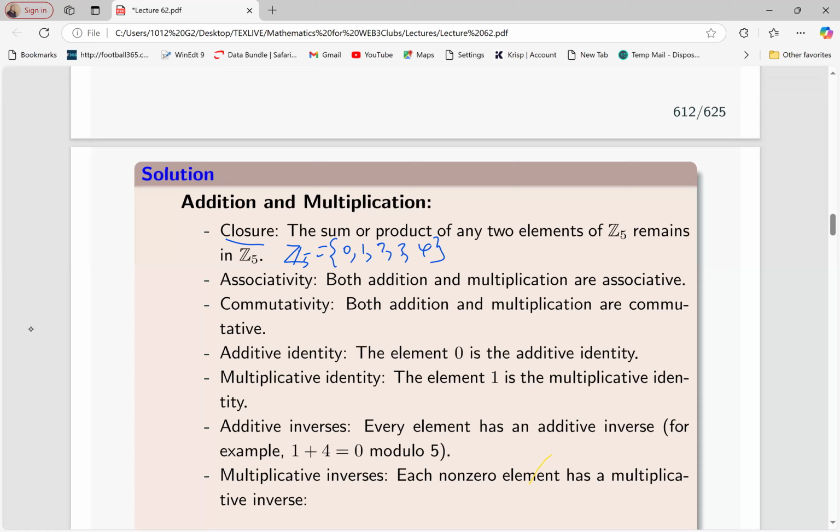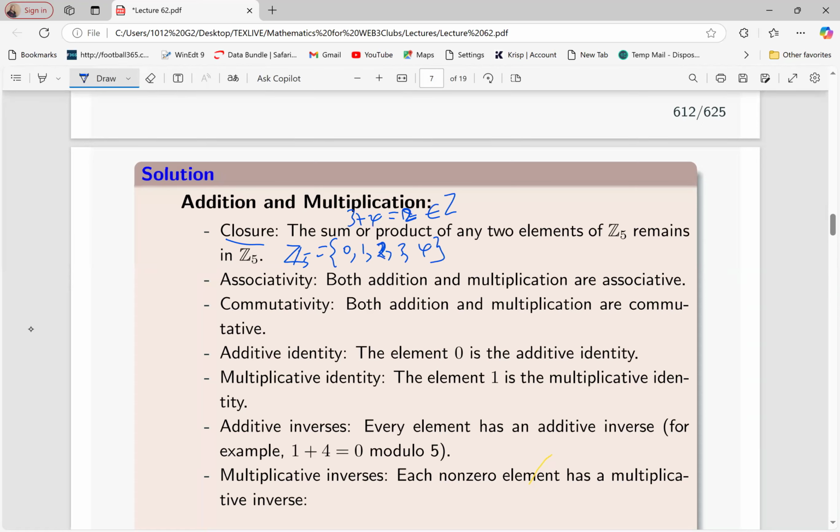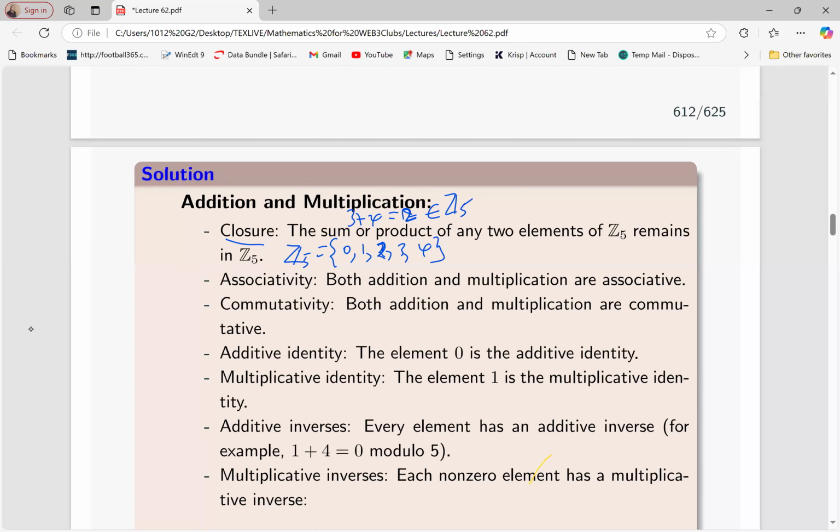Let's take any two elements and sum them. 3 plus 4 will be 2, and 2 is a member of the set. So this set is closed under addition.